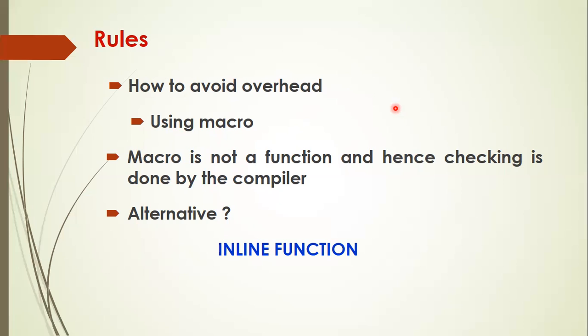In the case of a macro, you avoid the overhead time, but you miss the opportunity of error detection by the compiler. But in the case of an inline function, you are writing it as a function, yet still avoiding the overhead time. So you enjoy the benefit of error detection by the compiler, and at the same time you avoid the overhead time. Both your objectives are achieved by writing it as an inline function instead of a normal function.